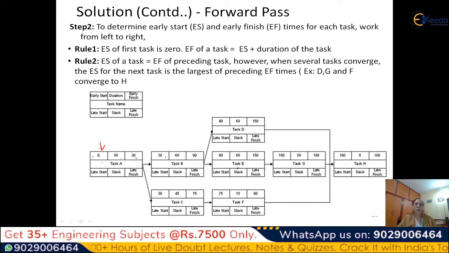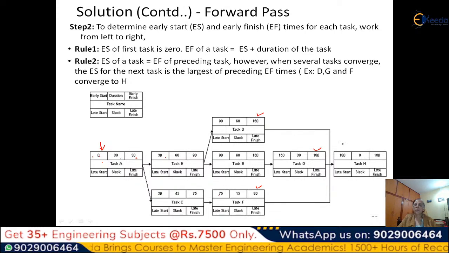Now rule 2 says that the ES of a task is the EF of the preceding task. However, when several tasks converge, for example D, F and G converging here, you have three values: 150 is the early finish of this, and 180 and 90. Which one do you take? Where there is one predecessor it is simple, you just take 90 as 90, 75 as 75.